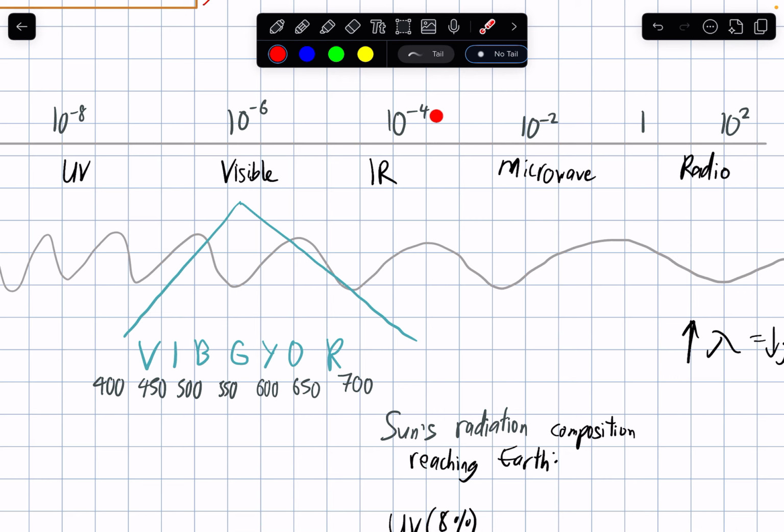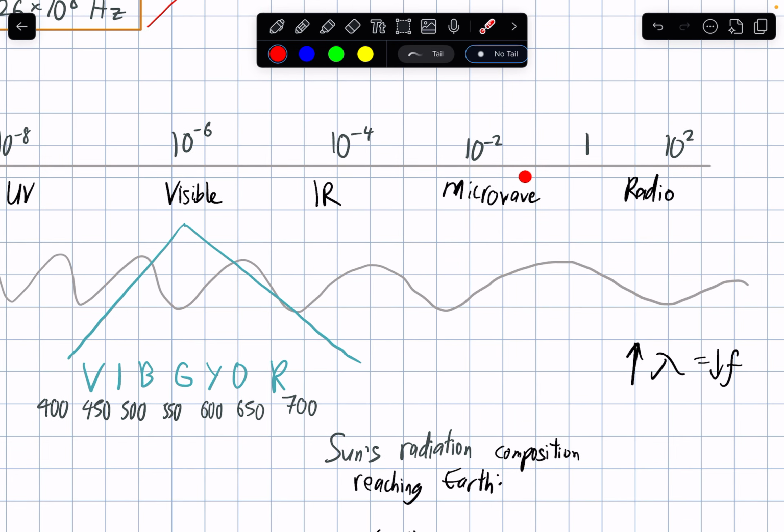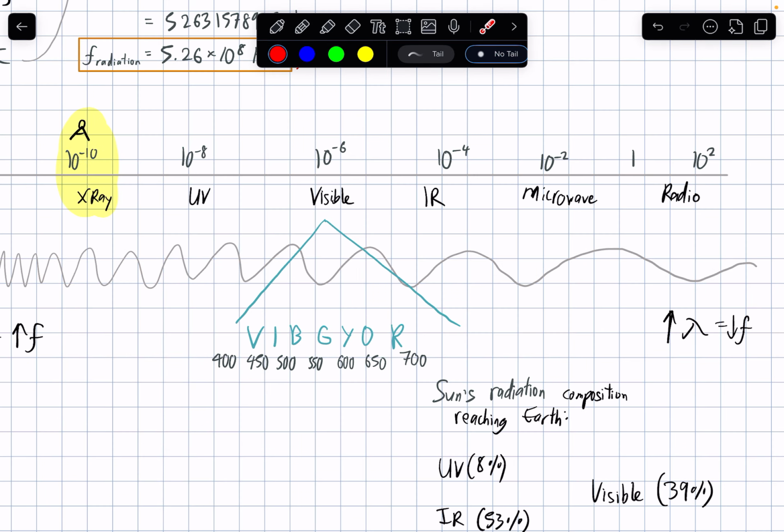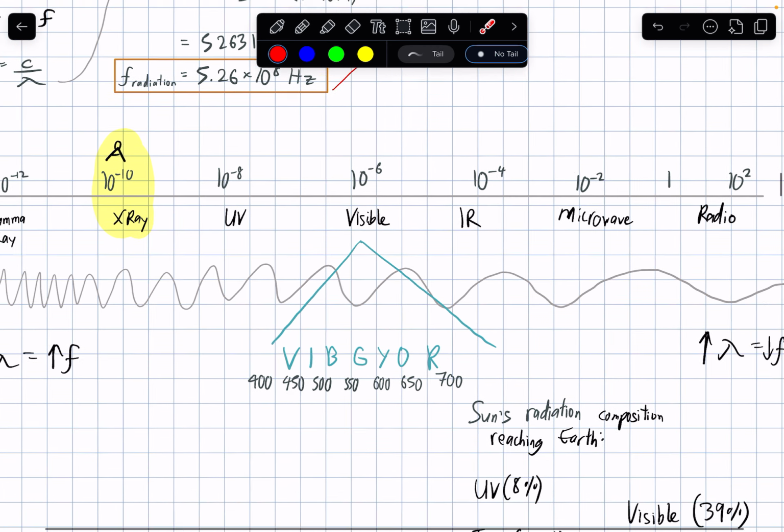This is 10 raised to negative 4. By the way, the example I said earlier, 750 nanometers in wavelength, is between visible light and infrared. Microwave is 10 raised to negative 2. Between microwave and radio wave, it's just 1. And by the time you reach radio wave, it's 10 raised to 2.